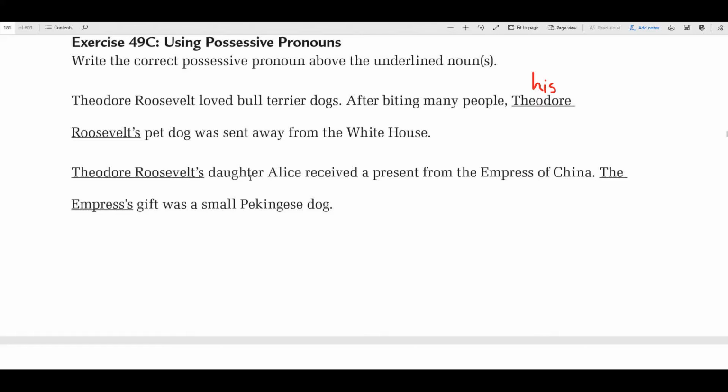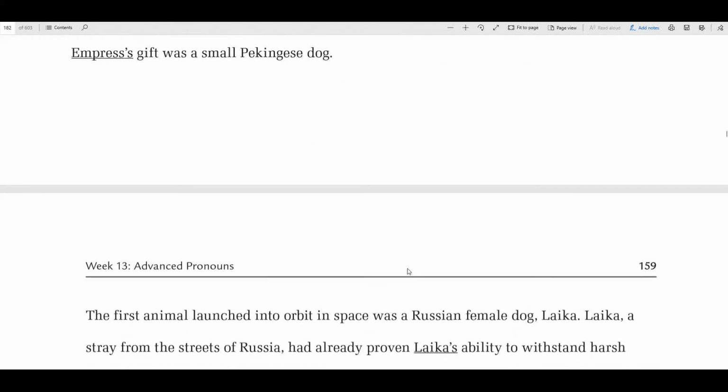Theodore Roosevelt's daughter, Alice, I guess it would be his, received a present from the Empress of China. The Empress's gift, I think it would be her gift. Okay, you see how to do that?